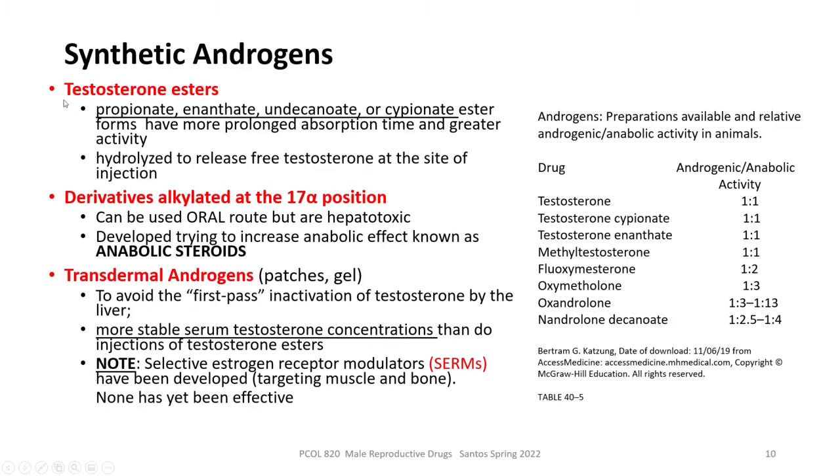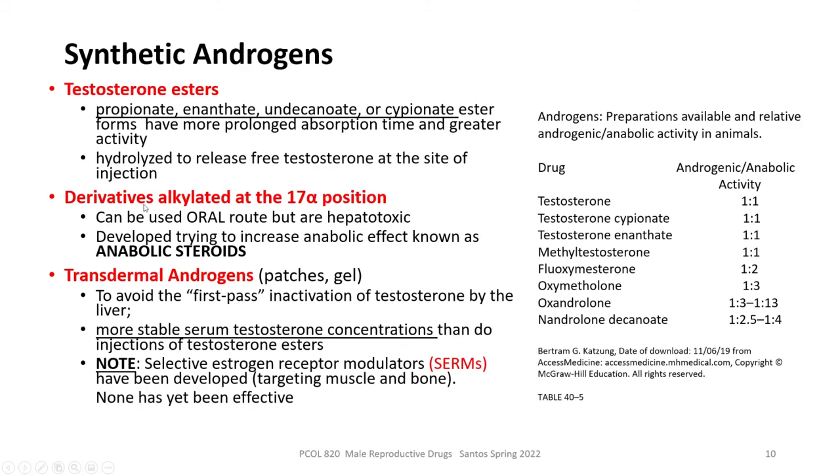And like we saw, the main ones will be testosterone esters that could be propionate, enanthate, undecanoate, and cypionate. And like we mentioned before, the purpose here is to prolong the absorption time and promote a longer duration of activity.